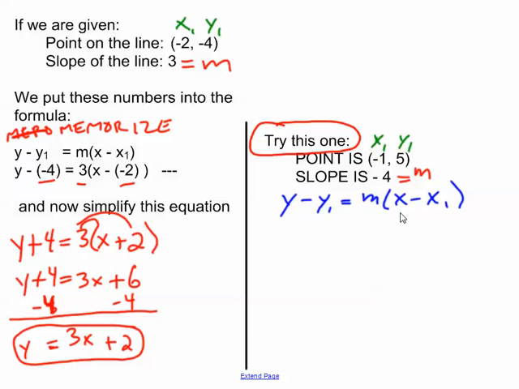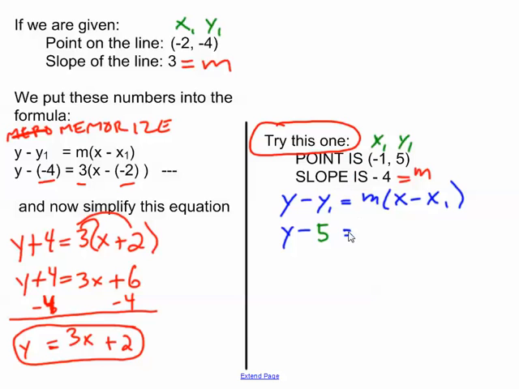All right, well, let's just plug in some numbers then. I'm going to be jumping back and forth here. y minus y1. What's y1? y1 is positive 5, so we just plug in 5 right there. Go back to our blue, and we say equals.